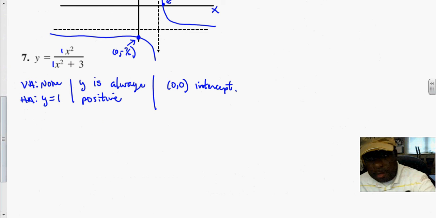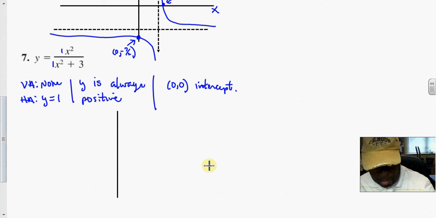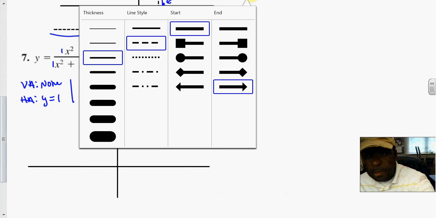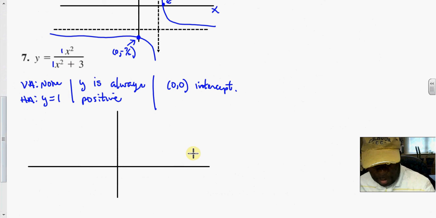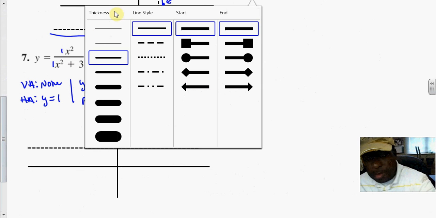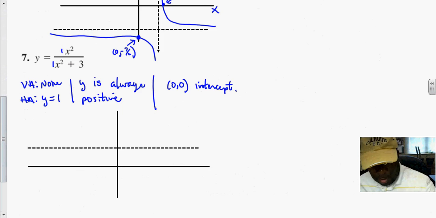Now we need the y-intercept. x-axis, y-axis.